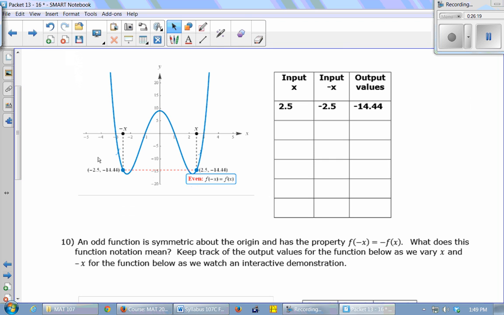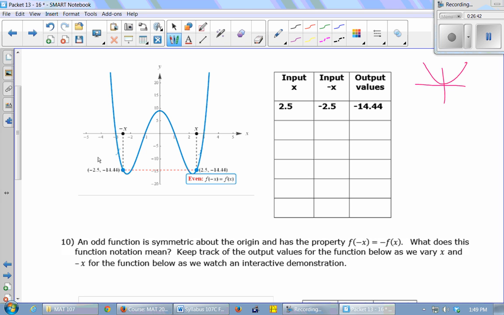So I wonder why we call that even. Any ideas? Seems like a funny choice to describe that kind of symmetry. Do you guys all know what the graph of y equals x squared looks like?